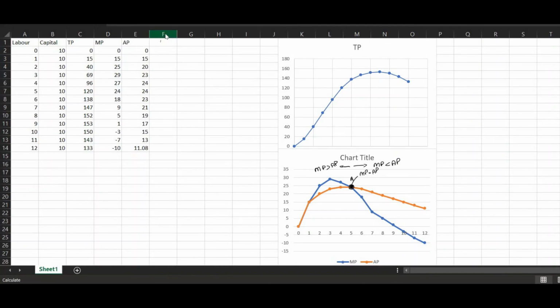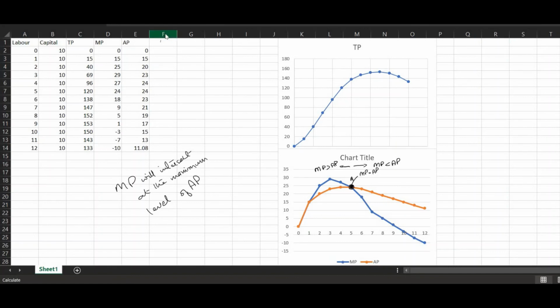When the marginal productivity intersected with the average productivity, right after that you can see that this was the maximum level of average productivity. So we are saying that the marginal productivity will intersect at the maximum level of average productivity.